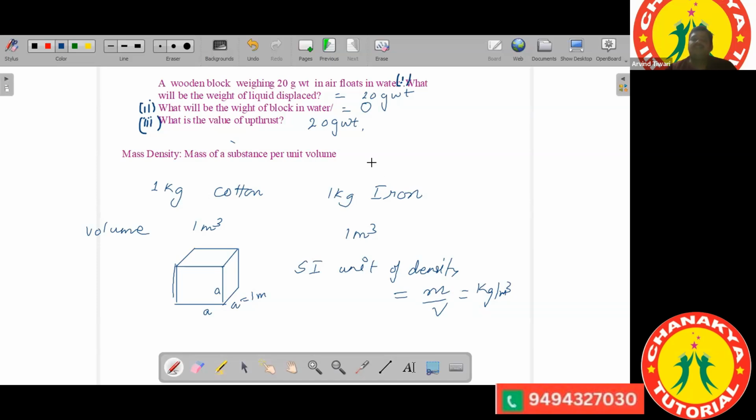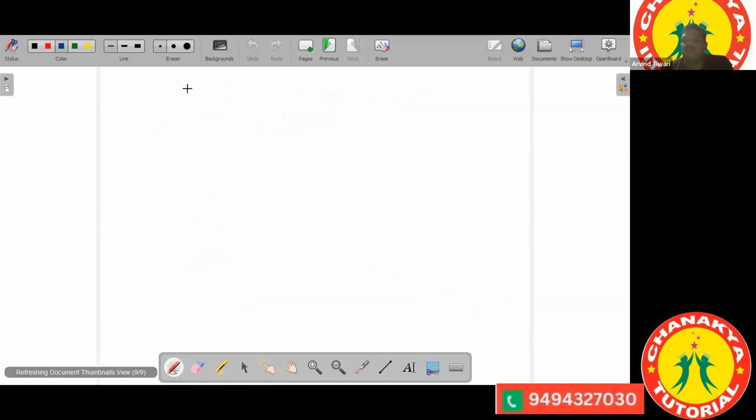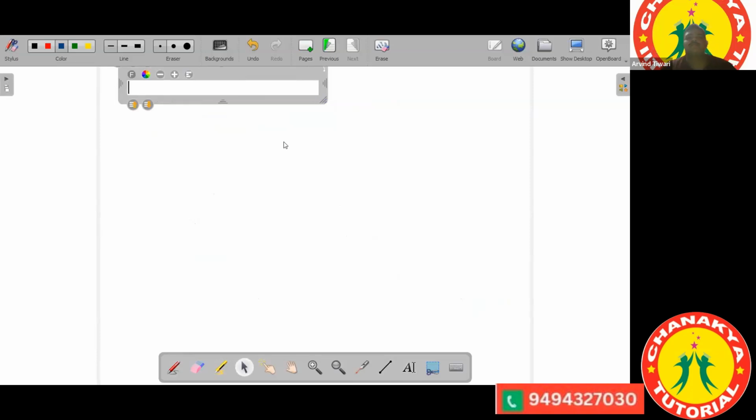Okay, so the CGS unit of it, let's try to solve one question first. Write down a question. The density of mercury is 1300 kilogram per meter cube.